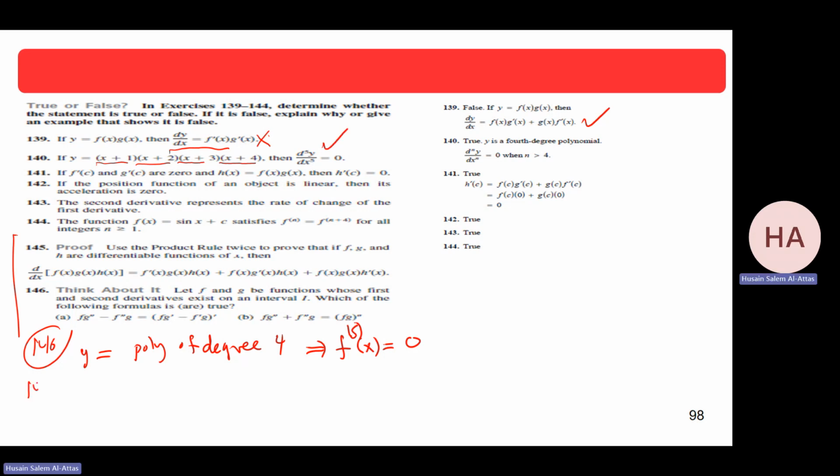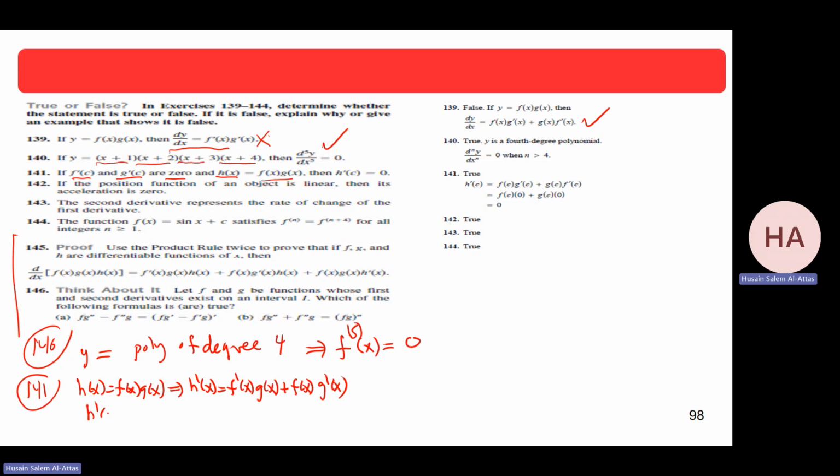Okay, 141. We said if f prime at c and g prime at c are 0, and h of x equals f of x g of x, what will be h prime at c? What will be h prime? f prime times g plus f times g prime.